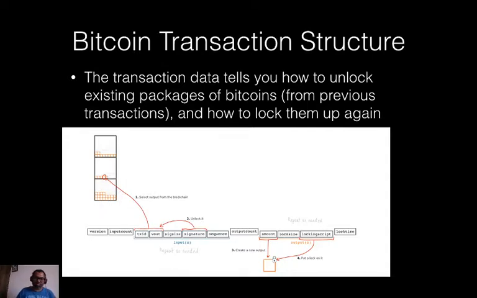And then you have a signature. A signature comes out of the combination of the previous transaction and how much is the value that has to be output. And then the output part contains the amount that would be spent.